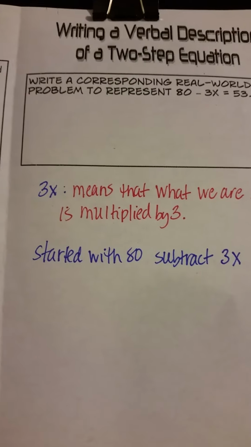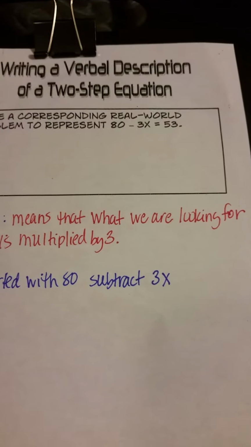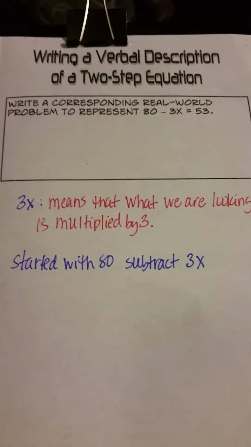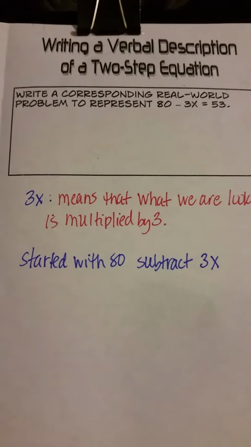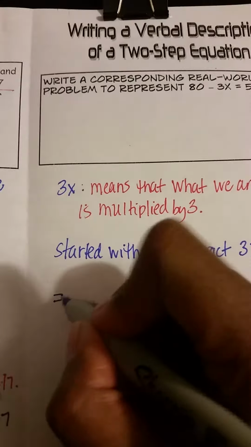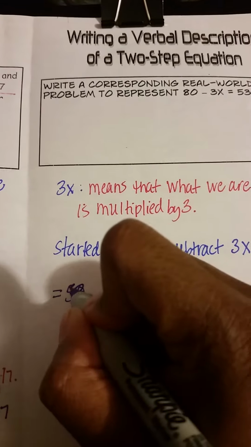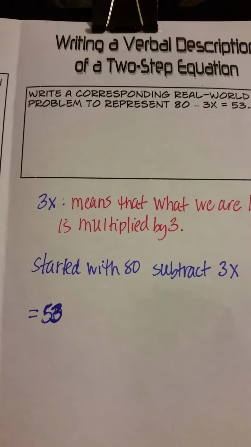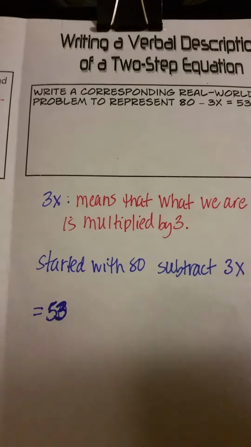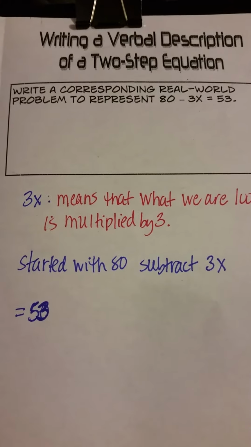Okay. All right. So we know what that 3x means. I'm going to go over it again. It means that what we're looking for is multiplied by 3. And we started out with 80 of something. Okay. That equals 53 means that after starting out with 80 and subtracting 3 times x, then we get a result of 53.